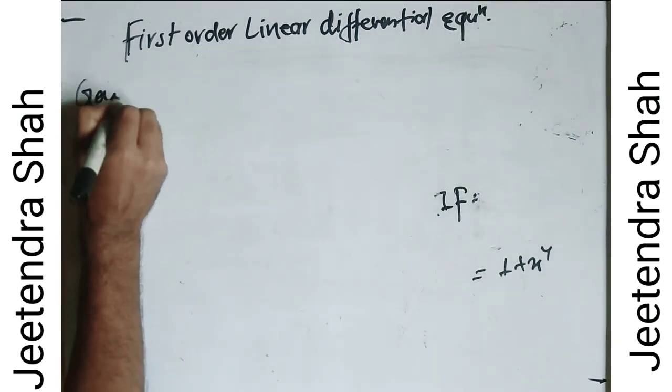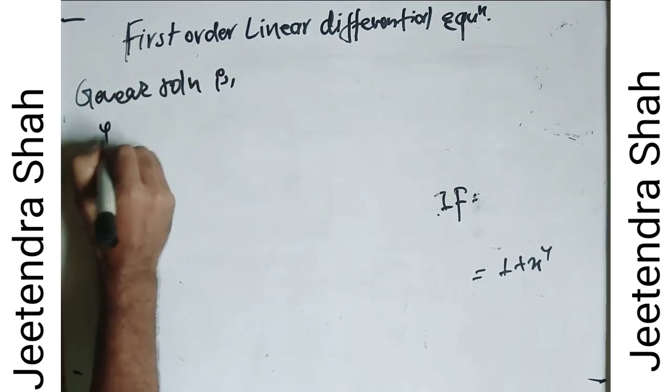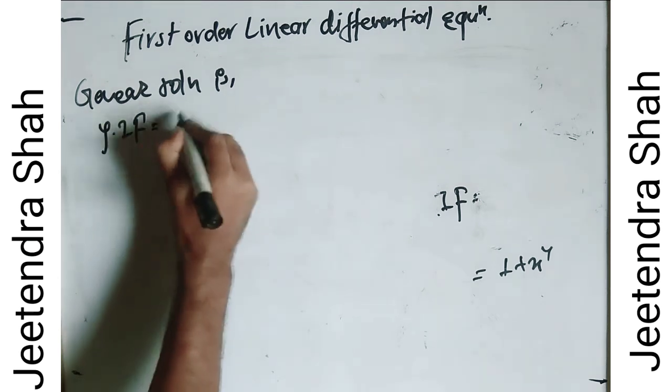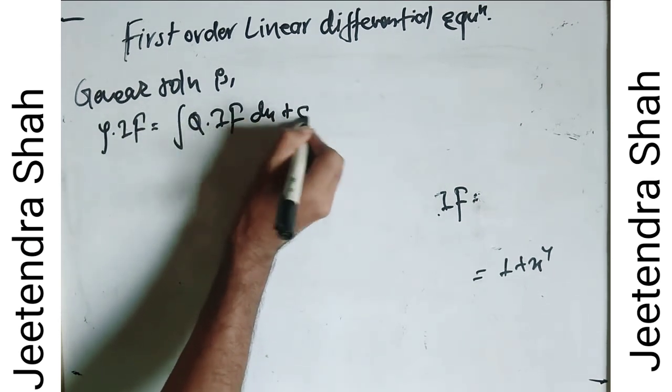Now we have to calculate the general solution. The general solution is y times integrating factor equals integral of Q times integrating factor dx plus c. So y(1 + x^4) equals the integral of sin^3 x/(1 + x^4) times (1 + x^4) dx plus c.